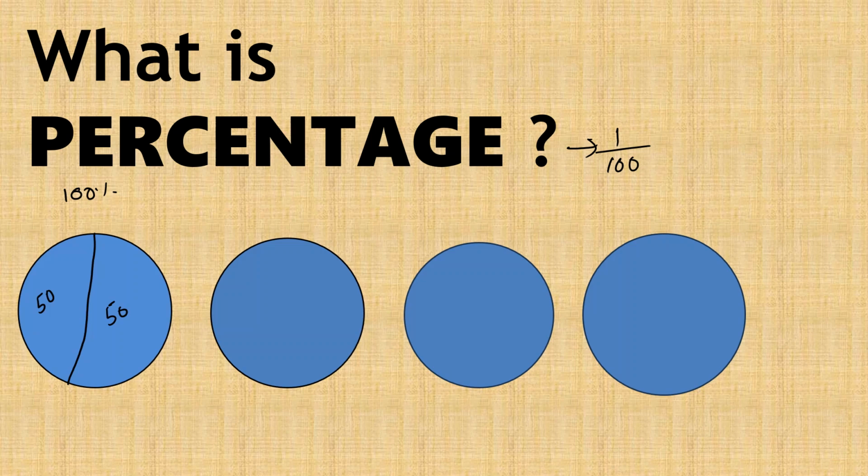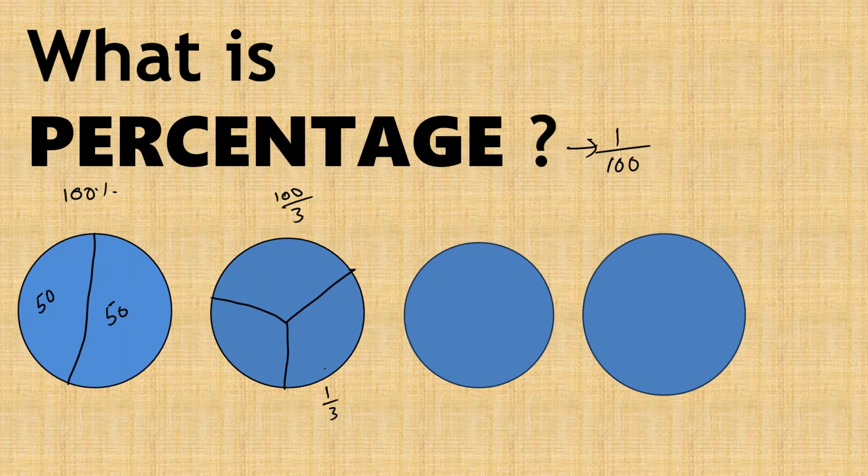And if you divide it into three parts, it becomes 100 by 3, or you can say one part is equals to 1 by 3rd of it.